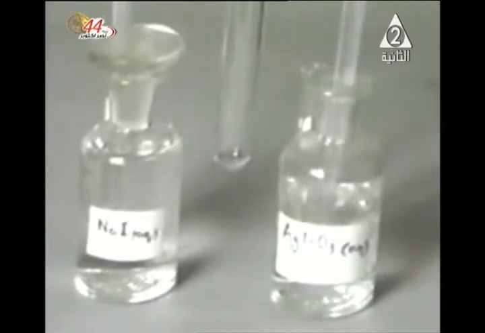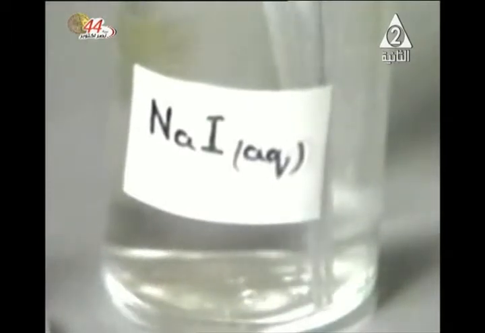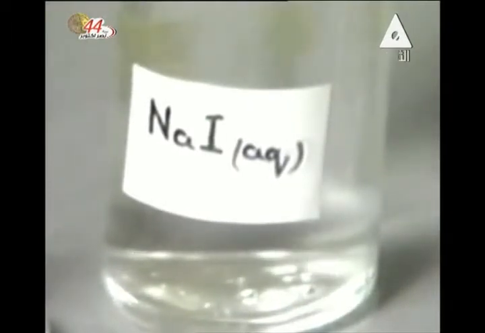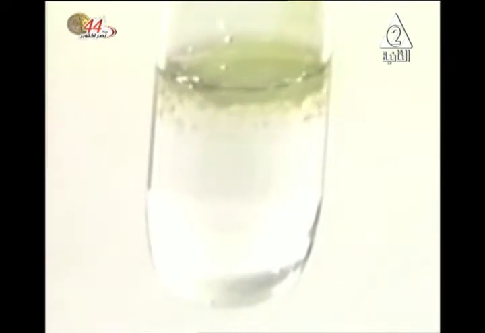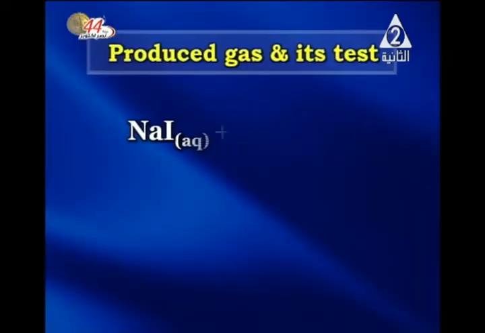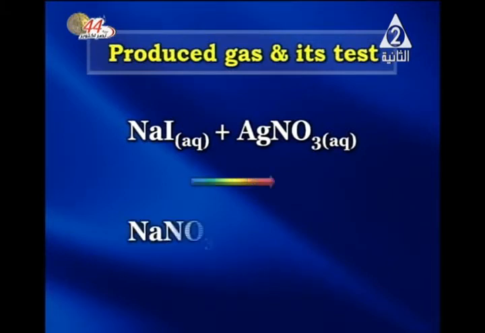Here, as shown on the screen, on adding the silver nitrate on the sodium iodide solution, the reaction takes place giving yellow precipitate of silver iodide. Here is the equation of the reaction: sodium iodide plus silver nitrate gives sodium nitrate and silver iodide as a precipitate.